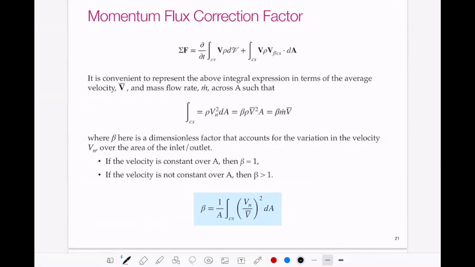We can calculate that flux correction factor if we know the velocity profile and information about the geometry of the inlet or outlet. So if the velocity is constant over some area, then the correction factor is just equal to 1. And if the velocity is not constant over some area, then the correction factor is greater than 1.